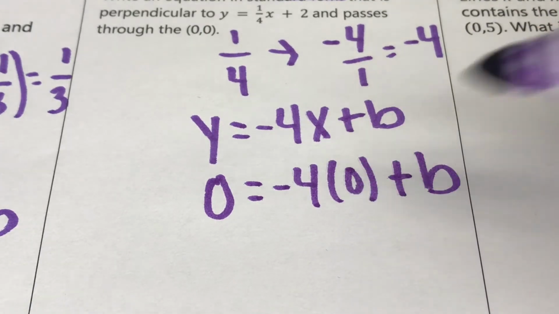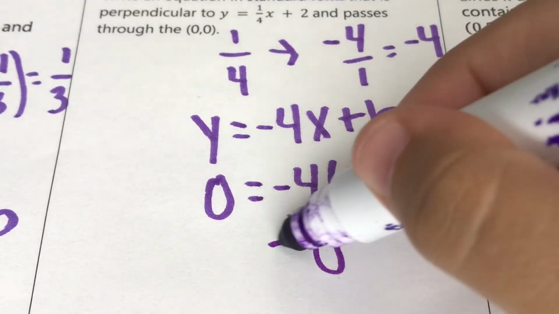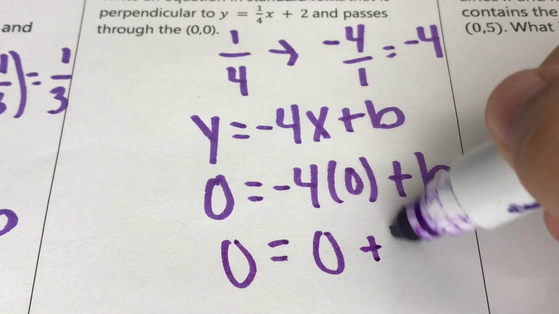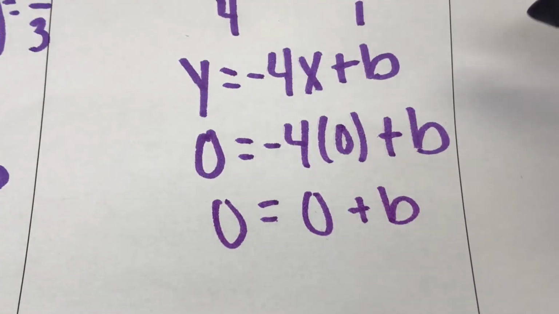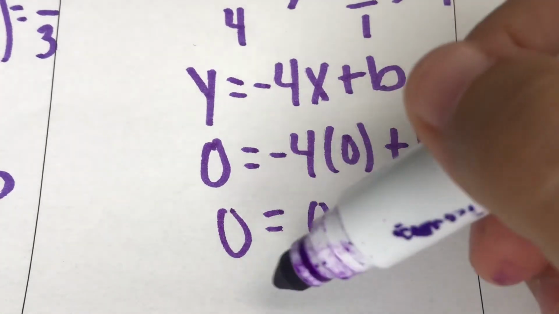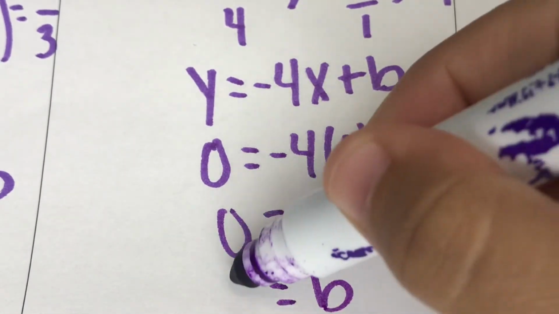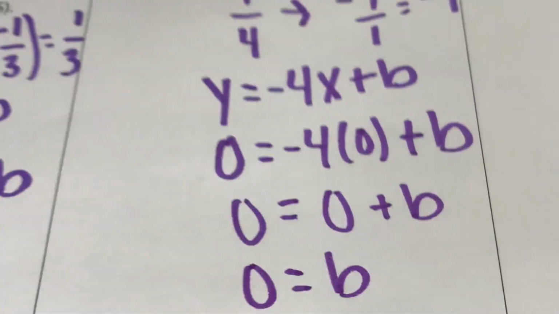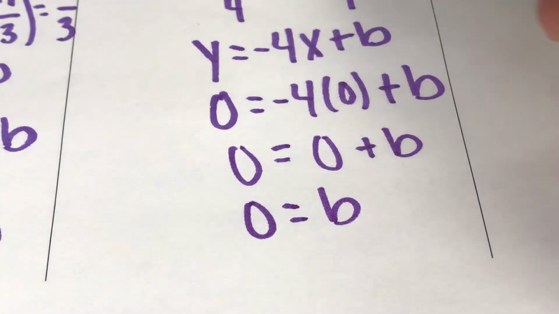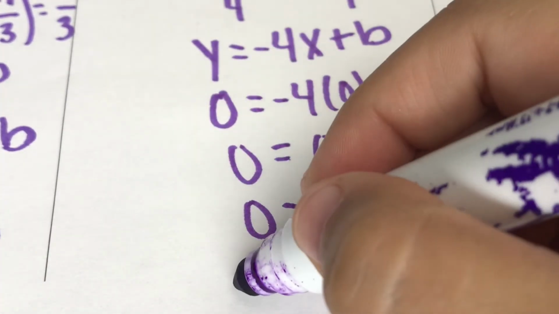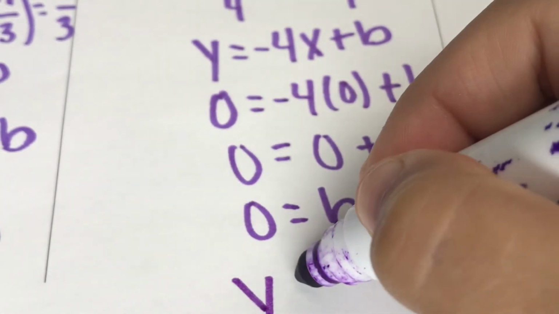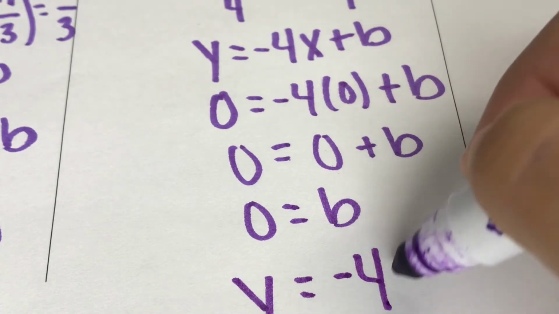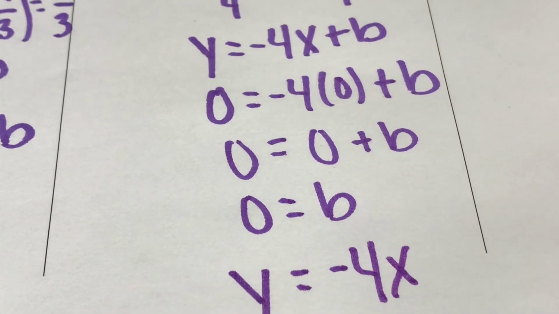Negative 4 times 0 is 0. So looks to me like here, b is just equal to 0. So that makes this one nice and easy. Our perpendicular line to our original line is y equals negative 4x plus 0, but we don't have to write the 0.